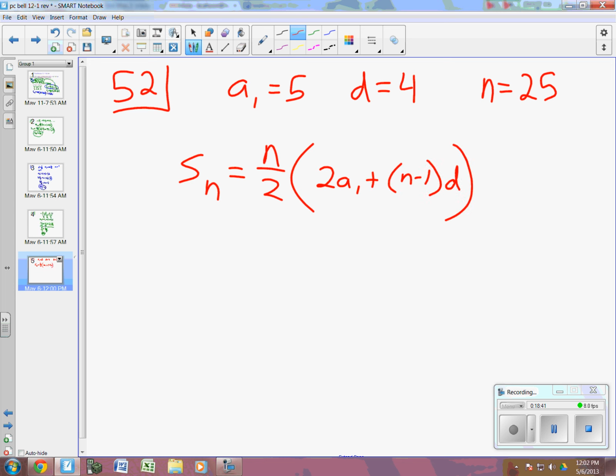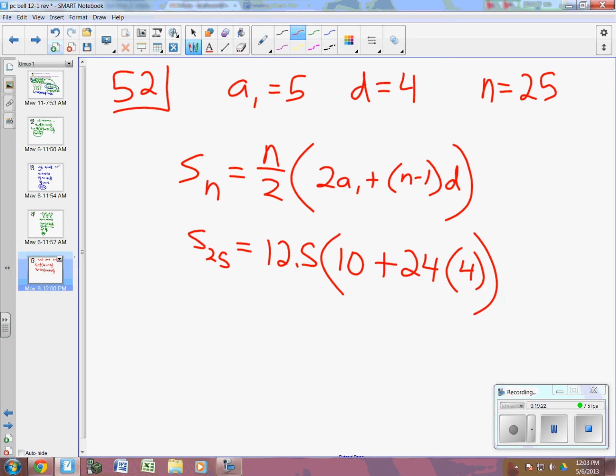So S sub 25, the sum of the first 25 terms of this sequence, or rows of bricks in this case. So 25 divided by 2 is 12.5. 2 times a sub 1 is 10, because a sub 1 is 5, 2 times 5 is 10. Plus n minus 1 is 24, because n is 25, minus 1 is 24, times the common difference, which is 4.